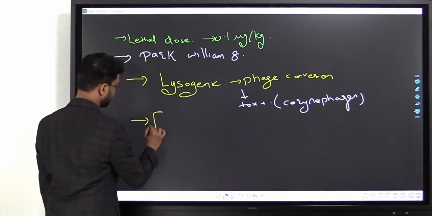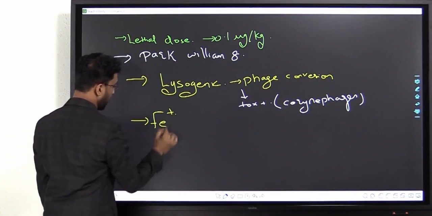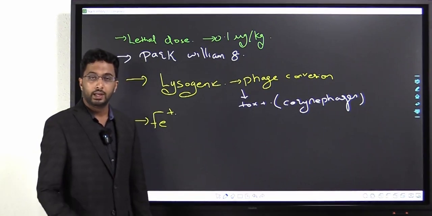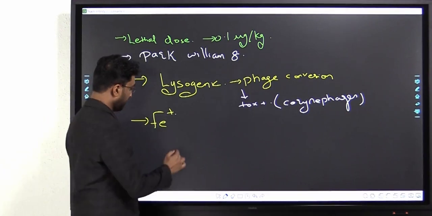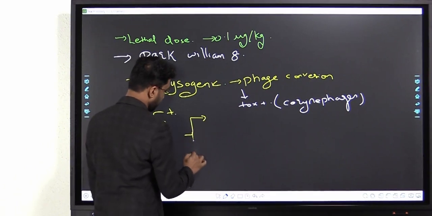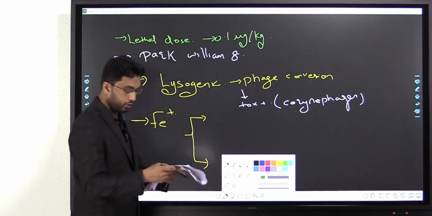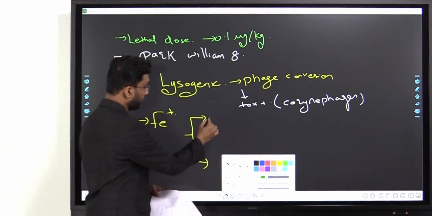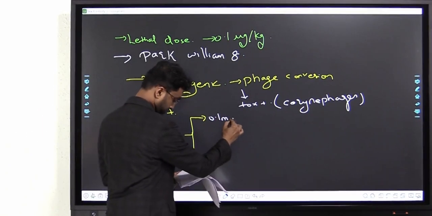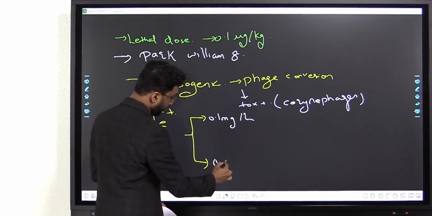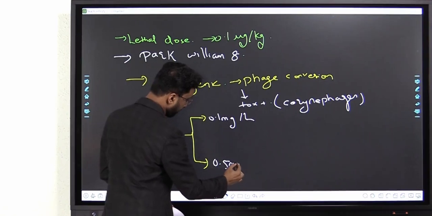If there is iron in the body, it can influence toxin production, but not in the same way; it depends upon the concentration of iron present. If the concentration is 0.1 milligram per liter, it's going to be a different effect than at 0.5 milligram per liter.